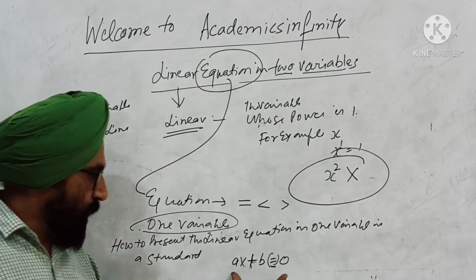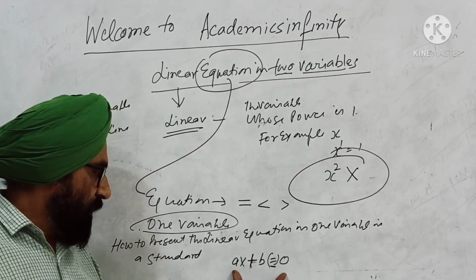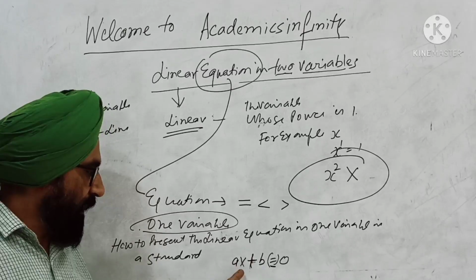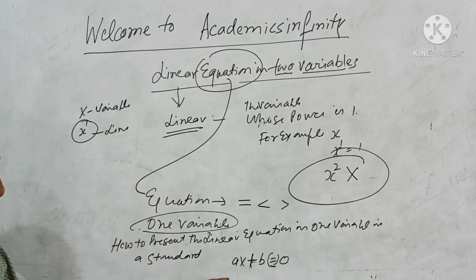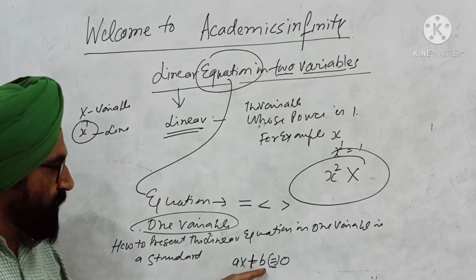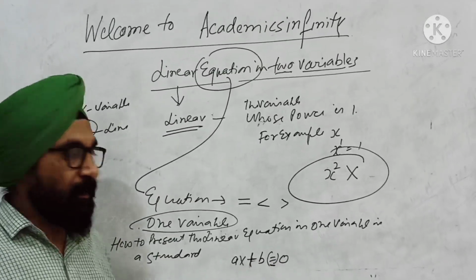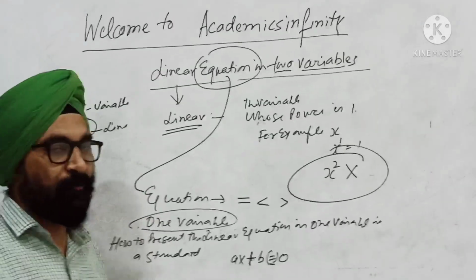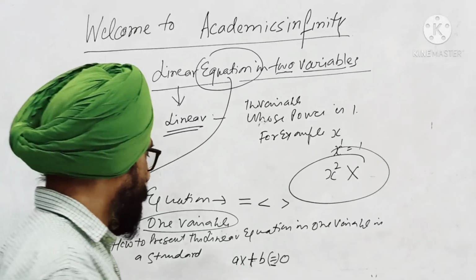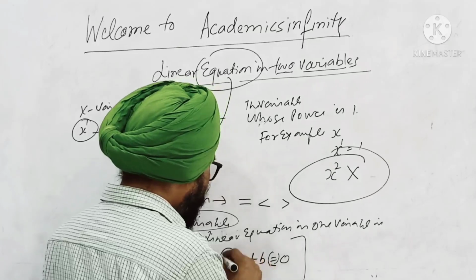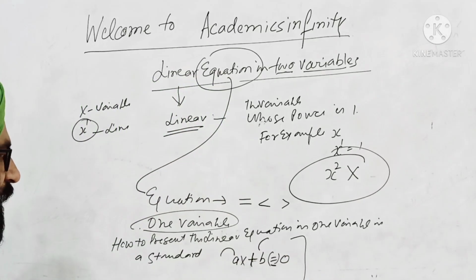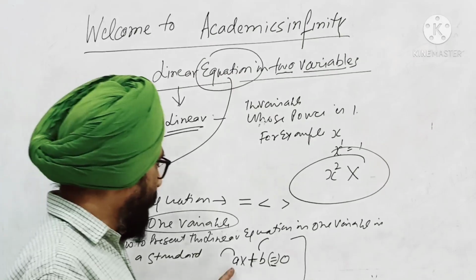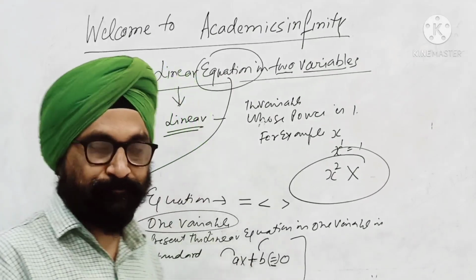Here there is only the one variable, that is the x, whose power is 1. So it is clear that ax + b = 0 is a linear equation in one variable. a and b are constants, fixed values, and a is the coefficient of x here.